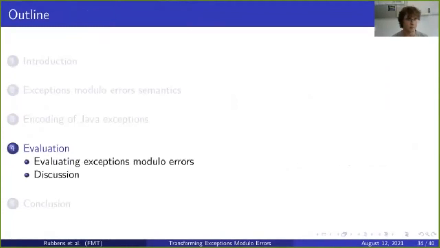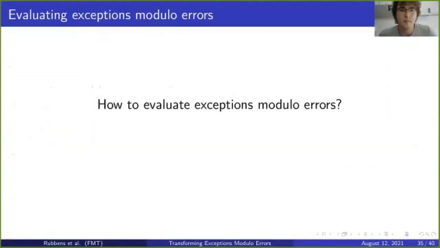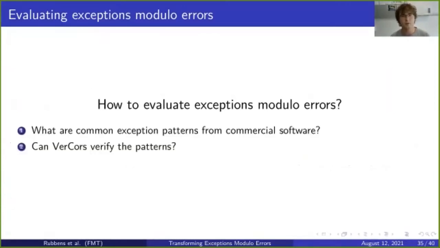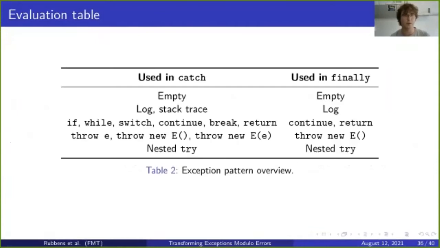Now, to evaluate the approach, how do you evaluate such an approach? Well, the approach that we took was to first find out what the common exception patterns are that are used in commercial software, and then we tried to verify the patterns with Faircore. So we have surveyed 4 works, and we have arrived at the following patterns. On the left-hand side, you see all the language elements that occurred in catch clauses in practice.